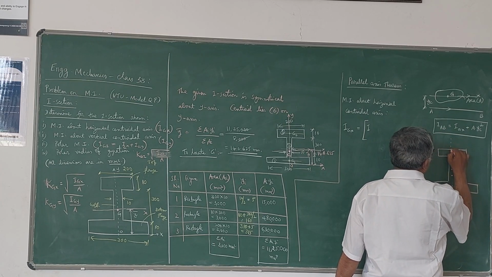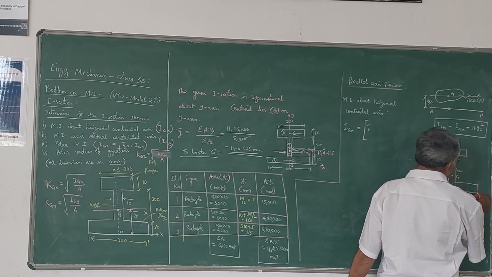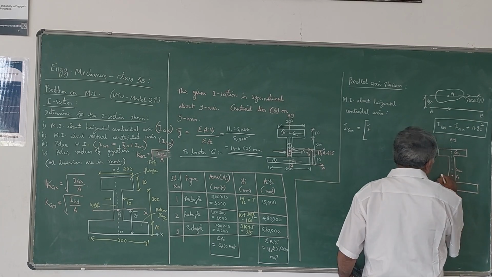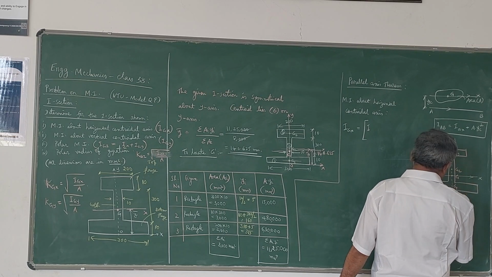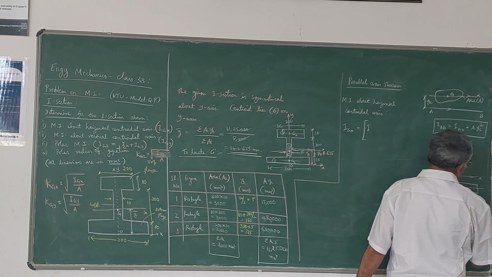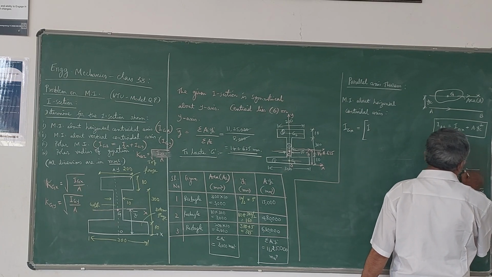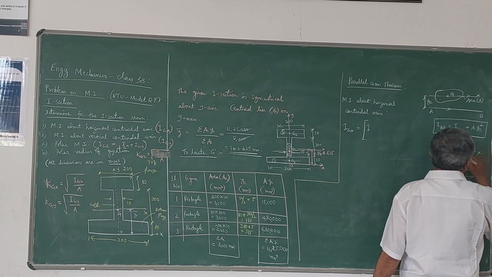So all these 3 are lying on the y-axis only, because it is symmetrical about the y-axis. That is one advantage. And here if I draw an axis passing through this G, this is your IGX, and I can also draw an axis passing through this G1, that is G1x, an axis passing through G2 is G2x, an axis passing through G3 is G3x.